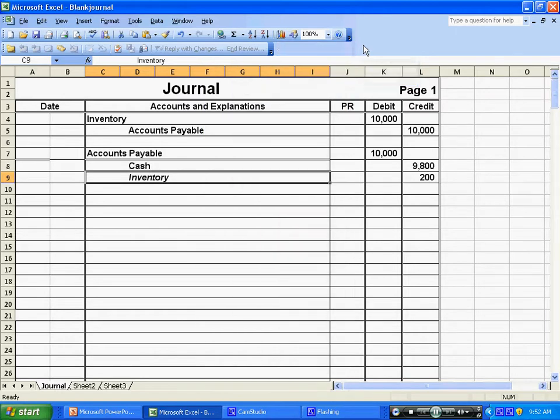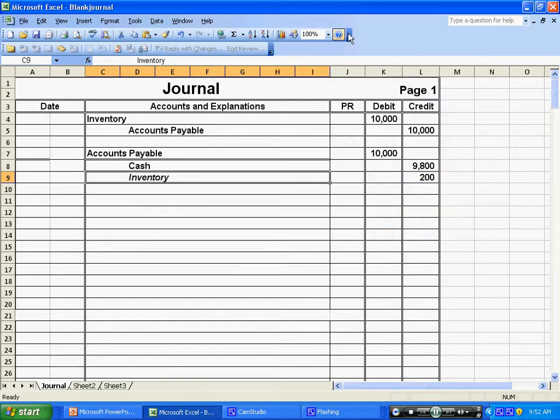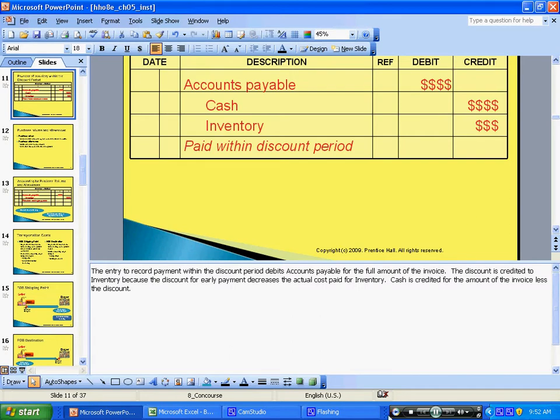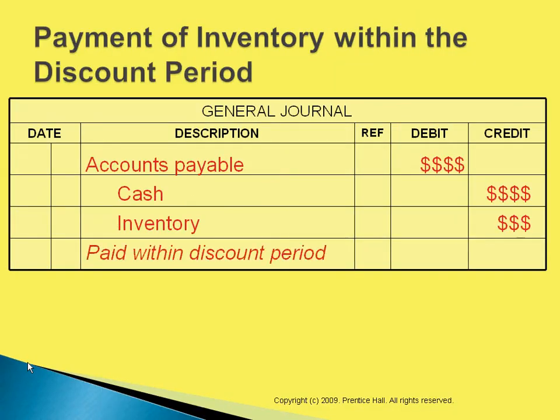The inventory didn't cost us $10,000. It really cost us what? $9,800. So that's why we credit the inventory account. Okay? So that's how we handle discounts. Watch your dates. Why do I want to watch my dates? Because you want to see whether or not the purchaser qualifies for the discount or not.